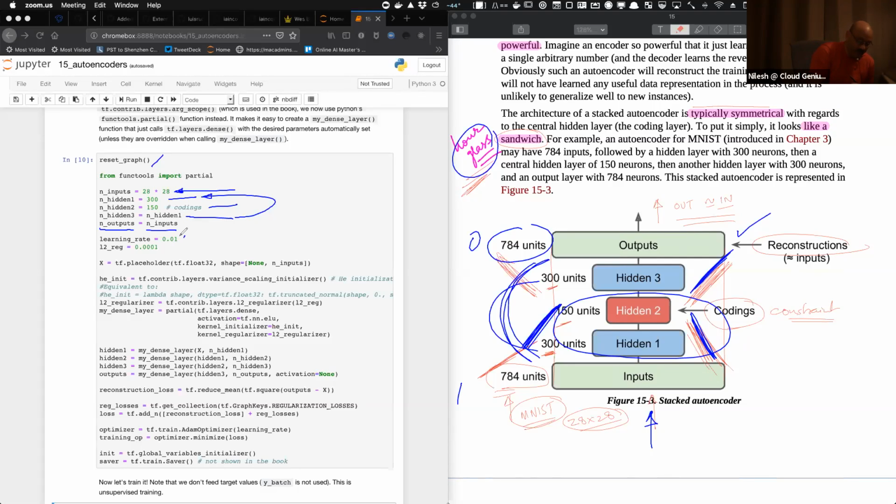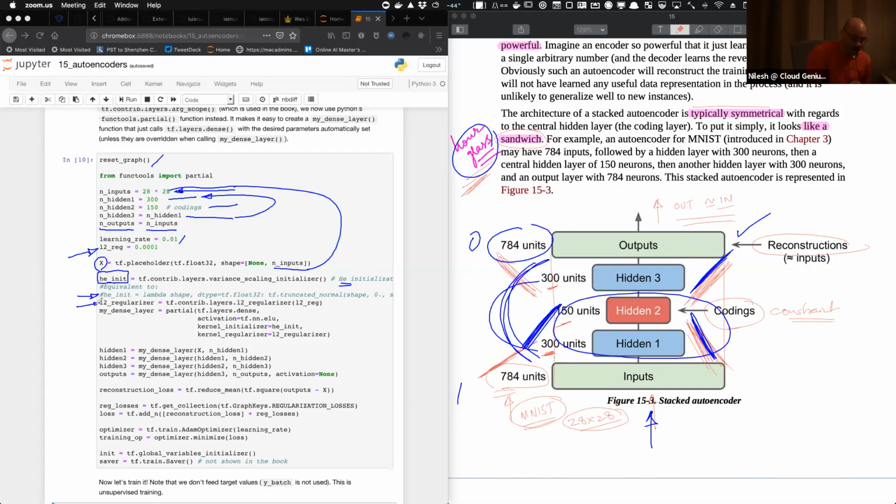So we are setting a learning rate. We are setting a regularization hyperparameter, L2 regularization, which is what we called out early on. We are setting a placeholder. We are specifying the shape of the dataset as the number of inputs, which is this 28 by 28. And then setting up He initialization, which is another way to write that same thing, here.